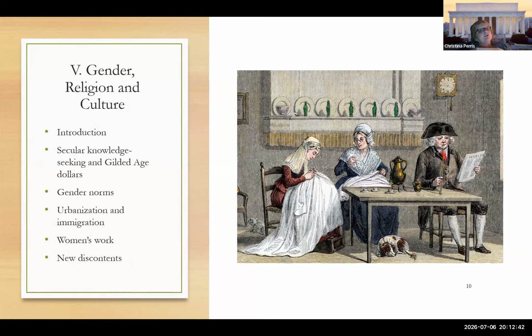The economic and social changes of the late 19th and early 20th centuries, including increasing urbanization, immigration, advancements in science and technology, patterns of consumption, and the new availability of goods and new awareness of economic, racial, and gender inequalities, challenged traditional gender norms.